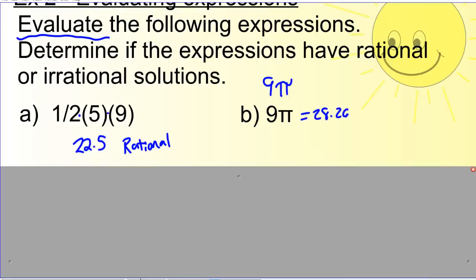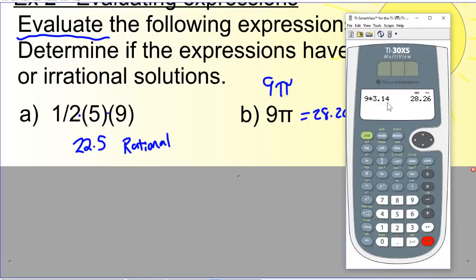Wrong. When you typed in 3.14, pi is not 3.14. This is an approximation. Just like when we use that 22/7 I talked about earlier, that's an approximation. Pi is actually a very long, non-terminating, non-repeating decimal. So if you're going to type this into your calculator, you should actually use the pi button.